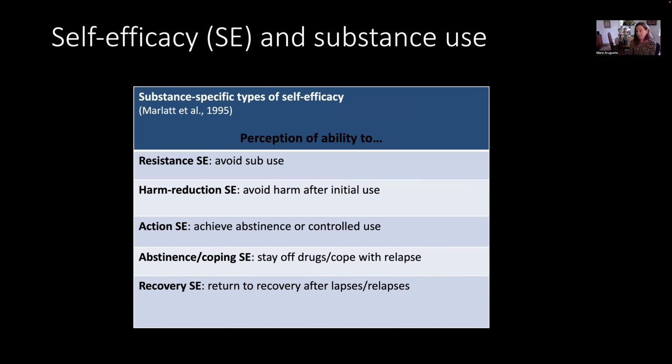Okay, there are lots of types of self-efficacy when it comes to substance use. One is resistive self-efficacy, and that is just avoiding substance use in the first place, not ever trying cocaine or whatever. And then there's harm reduction self-efficacy, which is where you, for example, decide to drink alcohol but avoid harm while using it.